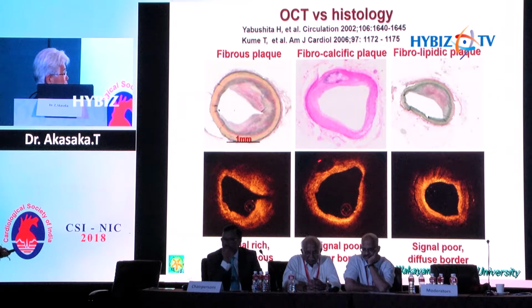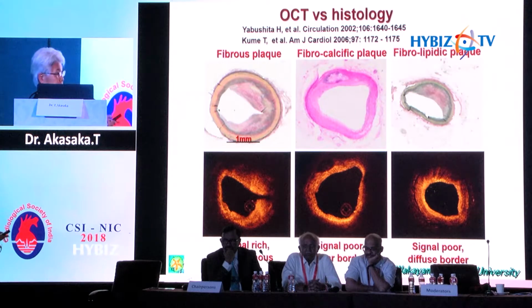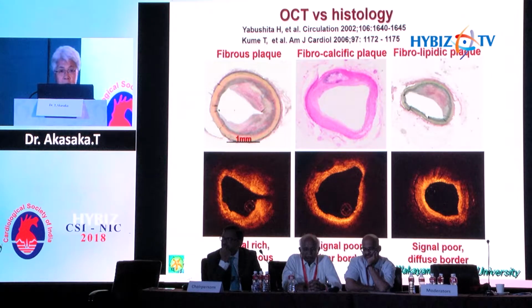Here is calcium, right? And then fibrolipidic, you can identify as signal-poor with a diffuse border. It might be very difficult to tell where the lipid starts, but anyway, you can identify the signal-poor region. Here should be the lipid. So if you know this pattern, it is more than 90% accurate to identify the tissue. So compared with IVUS, it's much easier.